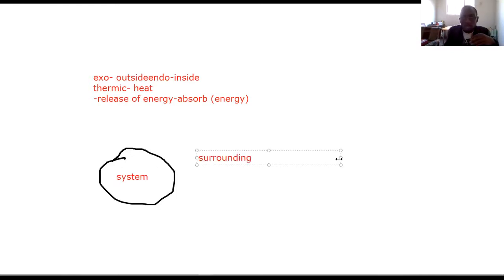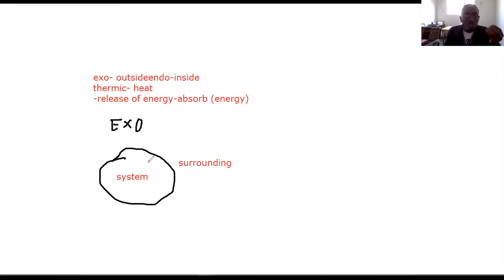The surroundings are outside. So when we're talking about an exothermic reaction, heat is being released. Where is it coming from?